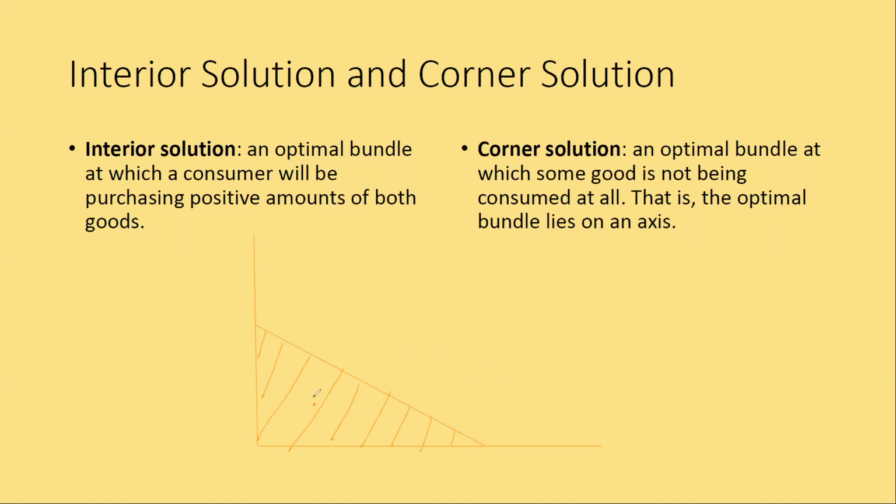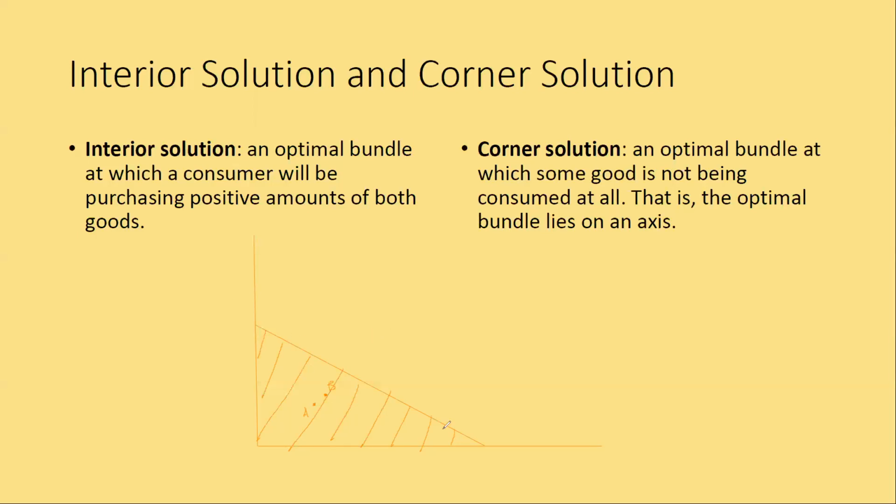Because I can show it graphically here: if you claim this point is your optimal point, I will say that this point is also affordable given the budget constraint. And because more is better, this point must provide the consumer with a higher level of utility. So this is point A. Point B must provide the consumer with a higher level of utility than point A does. And point B is also affordable, so point A cannot be the optimal choice.